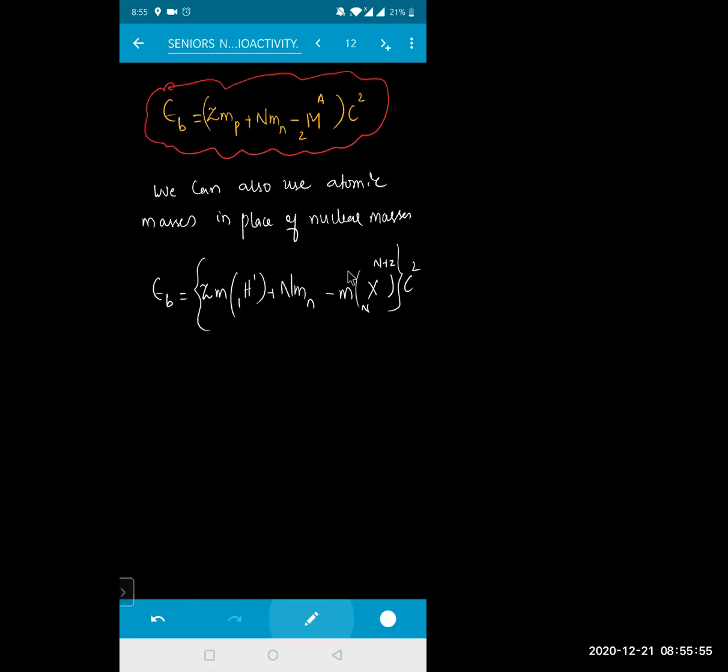See, in this equation, mass of electrons cancels out, beta. That means there are Z electrons in Z hydrogen atoms as well as in X. Z into mass, and this is mass of neutrons. This will be equal to N plus Z, the mass number. It is Z, sorry.